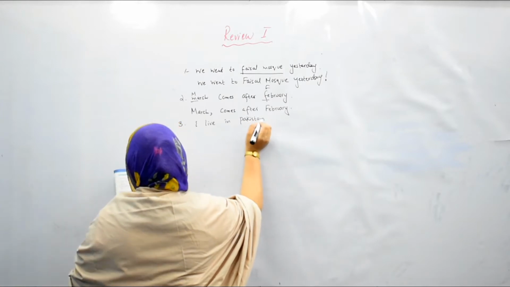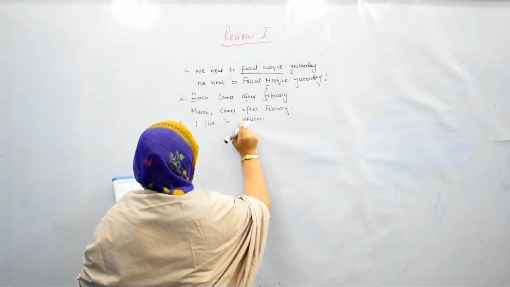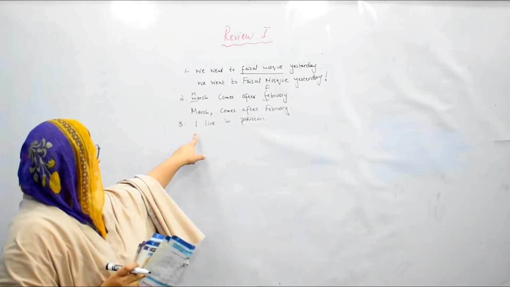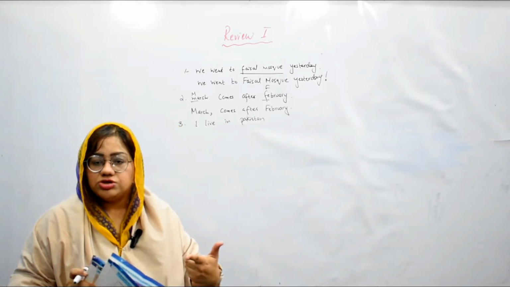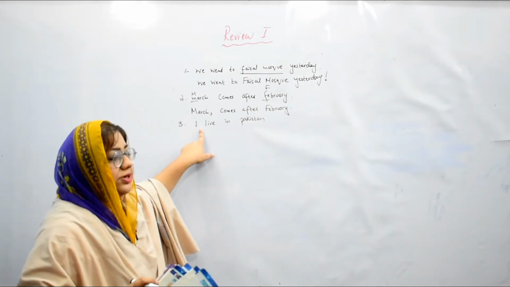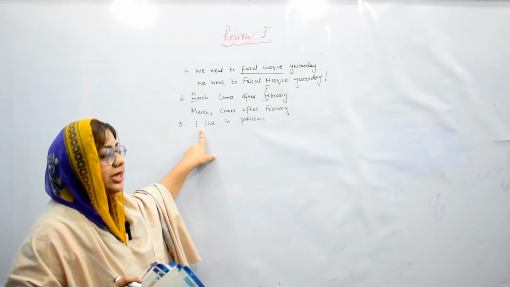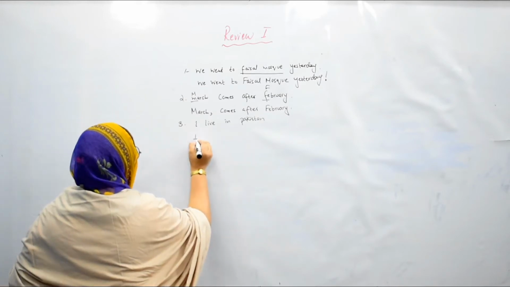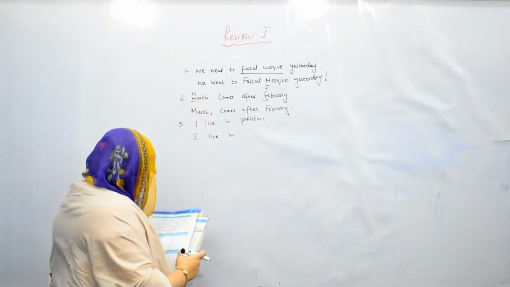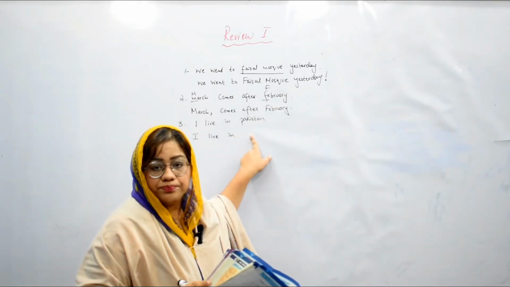Now move to the third one, that is I live in Pakistan. You see that there is a lowercase letter, the first one, I, obviously denoting ourselves, so the first letter should be a capital one. So I live in, obviously you know, Pakistan.